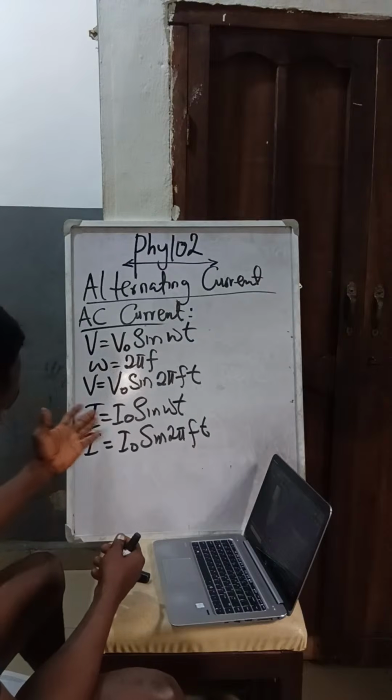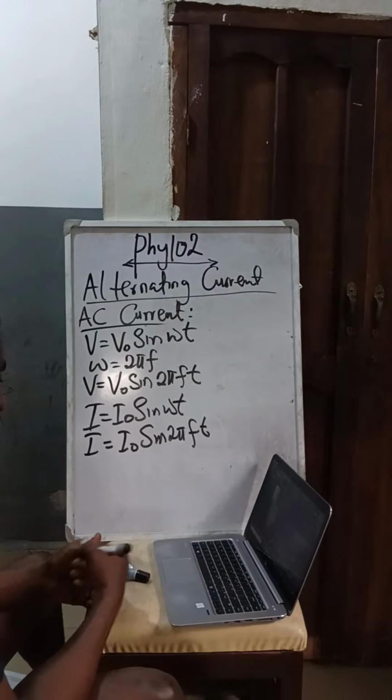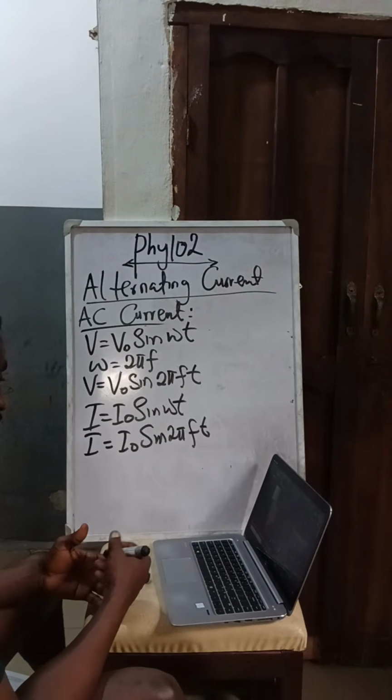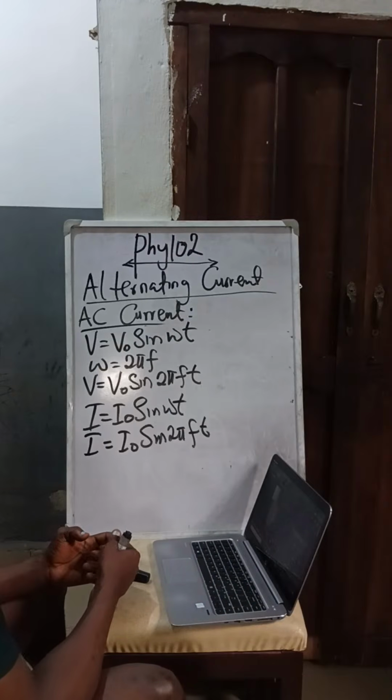And we call this instantaneous current or instantaneous voltage. Voltage at every instant or current at every instant. Okay? So that is it.